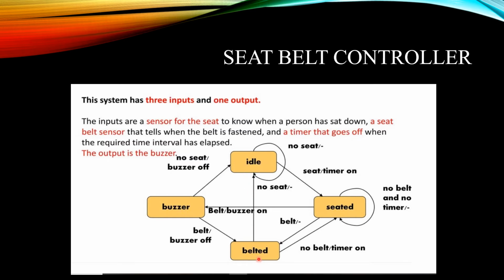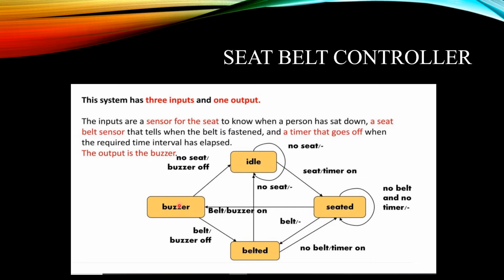If he removes the belt, the state goes back to the seated state; no belt is the input. Again the timer turns on to measure the specified time period. Within the time period he has to wear the belt, otherwise the buzzer will ring. So this state is over.